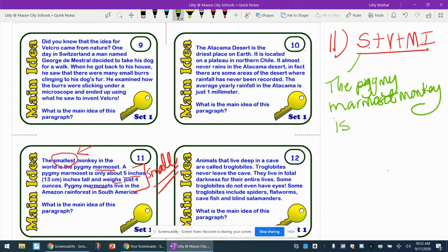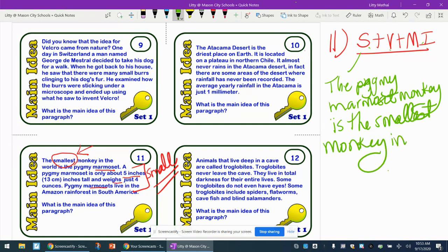is extremely small. Actually, I'm going to change that. It does say in here it's the smallest monkey in the world. So that's good information. So we'll change that to the pygmy marmoset monkey is the smallest monkey in the world.